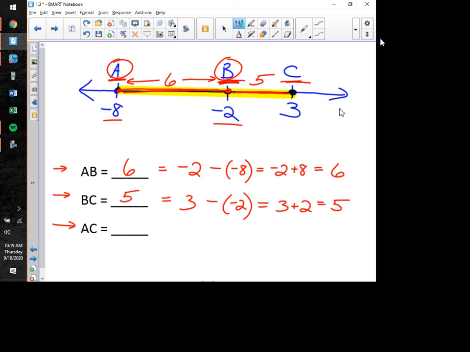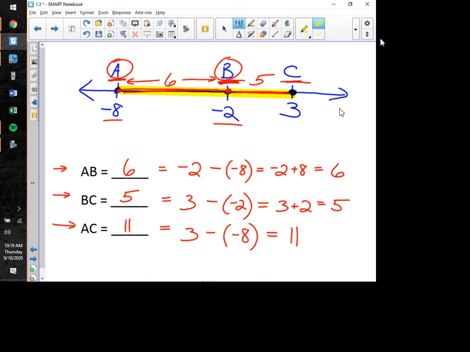So the right endpoint of line segment AC comes from point C, which is 3, minus the left endpoint coordinate. Well, the left endpoint is A, its coordinate is negative 8, so we have 3 minus negative 8. The minus negative becomes a plus, and 3 plus 8, last time I checked, is 11. So we would read that as saying the measure of line segment AC is 11.